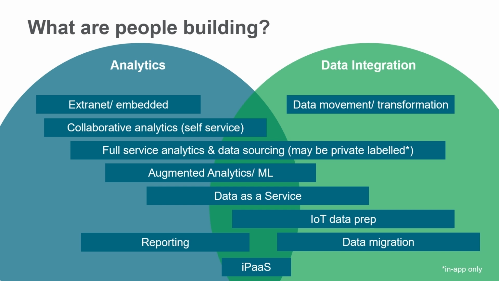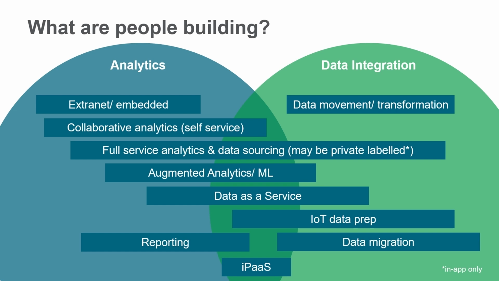Data as a service, where you're sourcing and delivering data with prep, transformation, and analytics. Those reporting deployments, where you've got potentially static reporting and report delivery use cases, building on alerts and those integration options that you have within the platform.